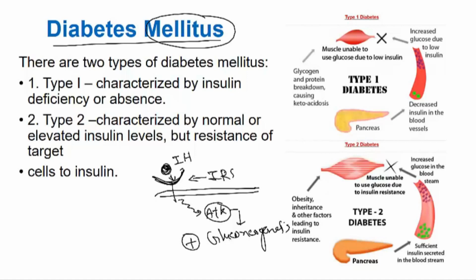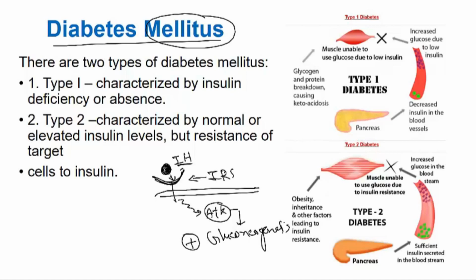Okay, so there are two scenarios in which the diabetes mellitus disease can occur, which is the failure of maintaining the blood glucose level in optimal balance, and that failure can be either a deficiency of insulin production inside our body.